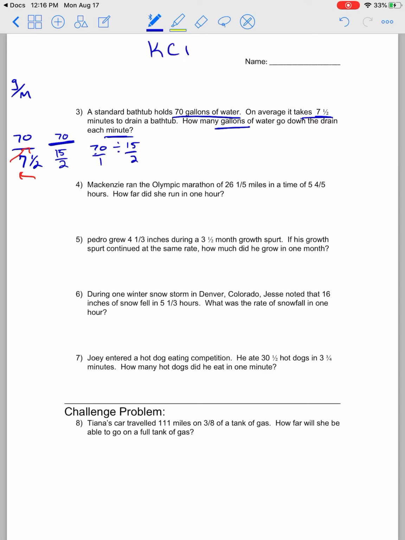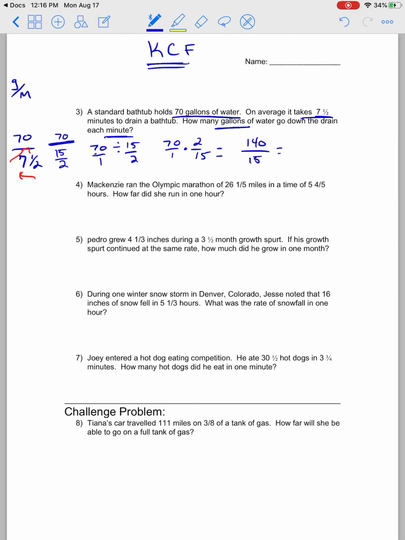And look, I'm going to write it up here at the top of the paper so we remember. Keep, change, flip. Yay! All right. 70 over 1 times 2 over 15. What's 2 times 70? 140. What's 1 times 15? 15.